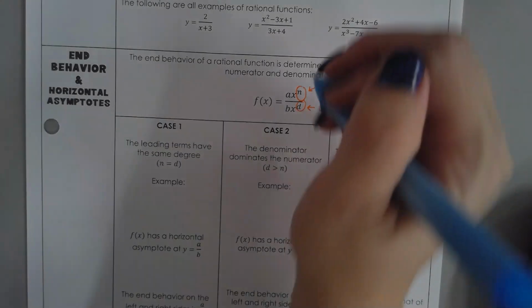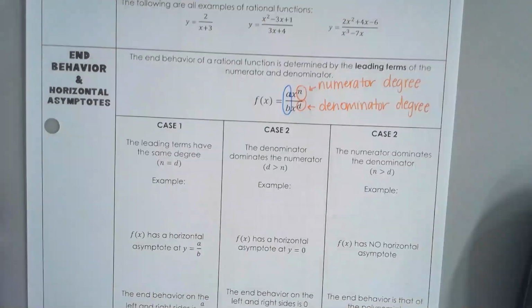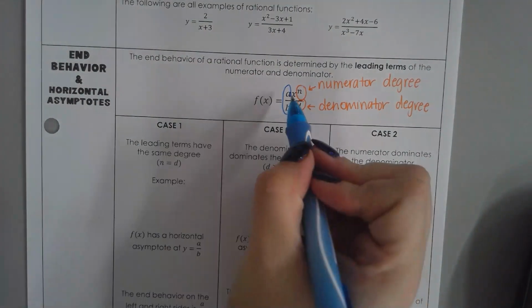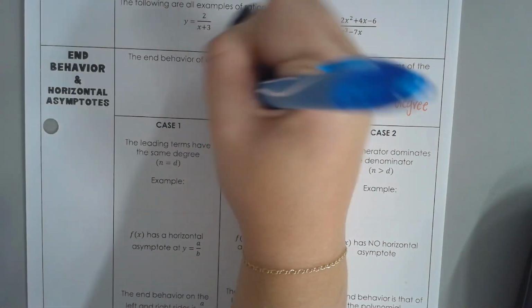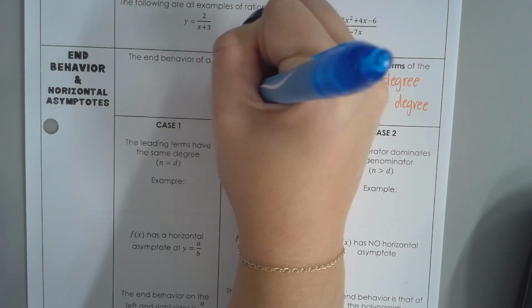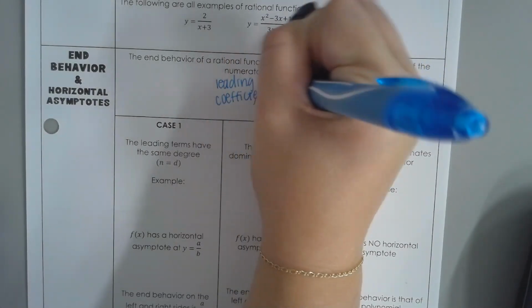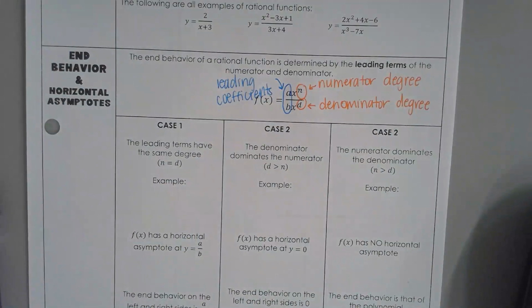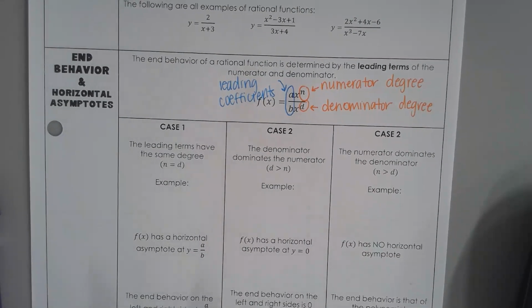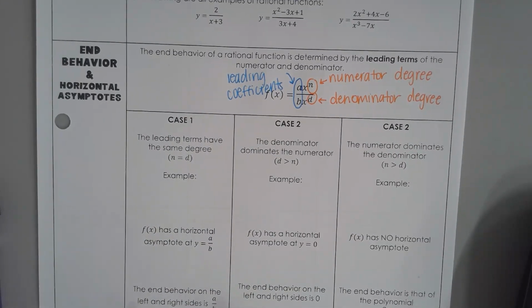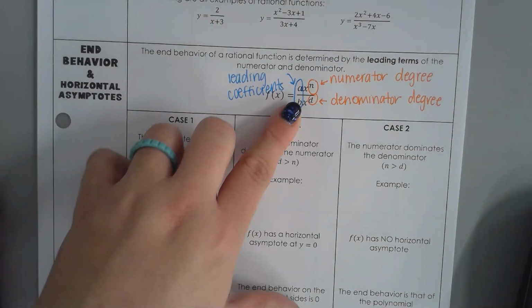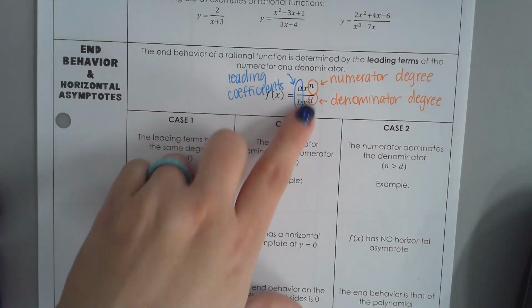And then you'll also see A and B, letters A and B pop up. That's talking about the leading coefficients. So the numbers in the very, very front. So the number in the very, very front of the numerator we call A. The number in the very, very front of the denominator we call B. So if I say use A and B, you need to come back and reference this, or N and D.